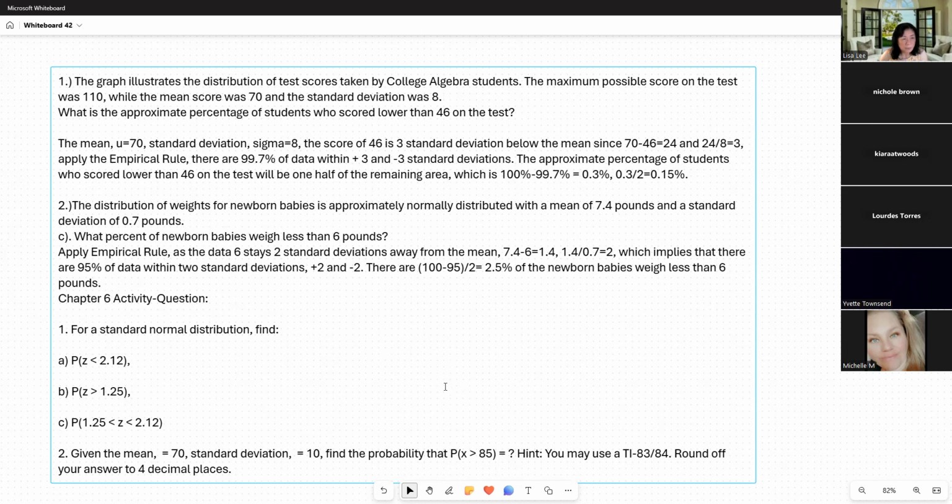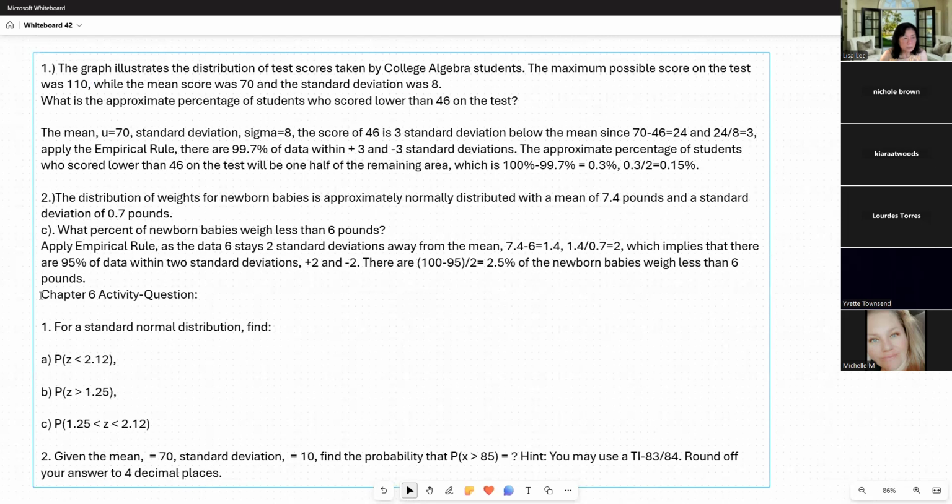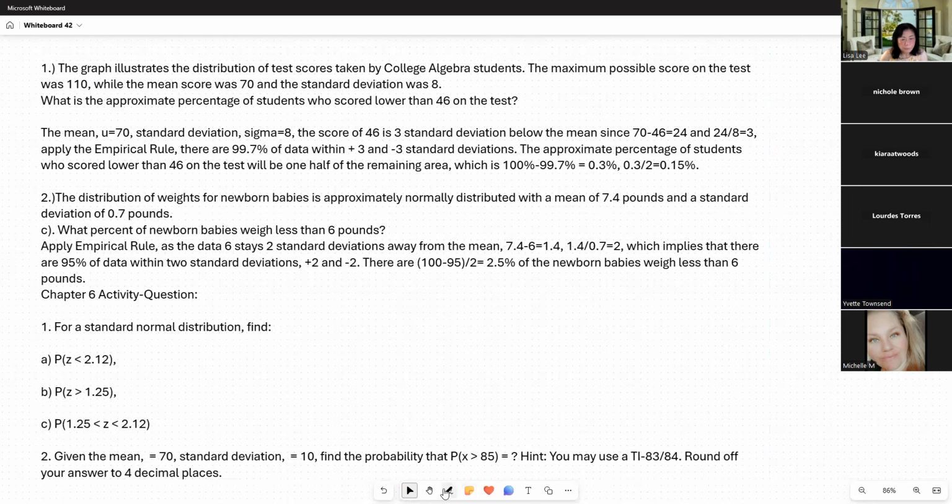Then the activity questions start here, chapter 6 activity questions. That's our activity question for this week, week 7. And I want to show you how you do standard normal distribution. That's chapter 6.